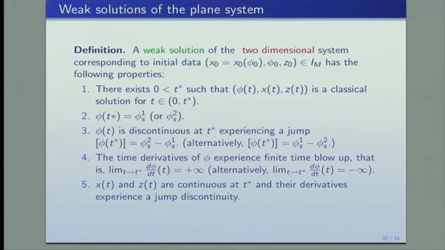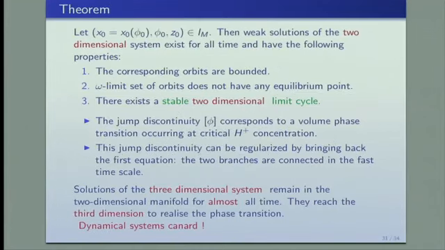Now, the time derivatives of phi, as we approach t star from the left, go to infinity. So the solutions experience blow-up of the first derivative. And the concentrations are continuous at this time. So there's no discontinuity of the concentrations, and this agrees with the phase transition picture that you have a brusque, very rapid change in volume. However, the concentrations stay continuous.